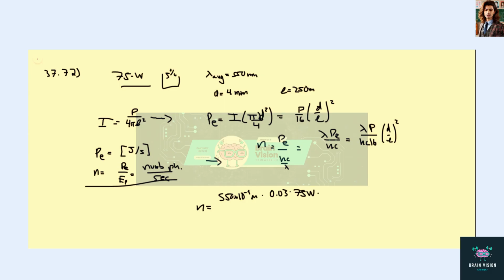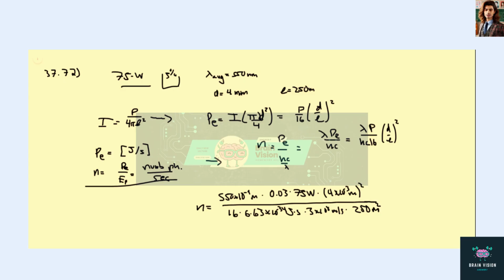Now times d squared, and d was 4 times 10 to the negative 3 meters, squared. On the bottom, we have 16 times h, which is 6.63 times 10 to the negative 34 joule seconds, and then 3 times 10 to the 8 meters per second, and then L squared, which was 250 meters squared.